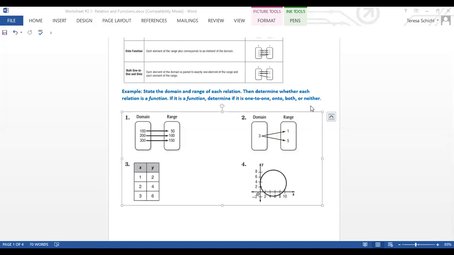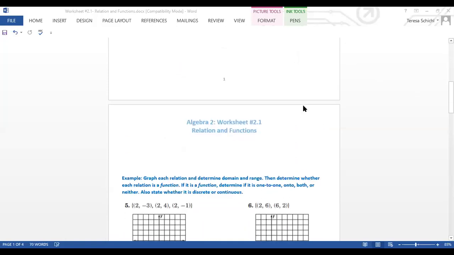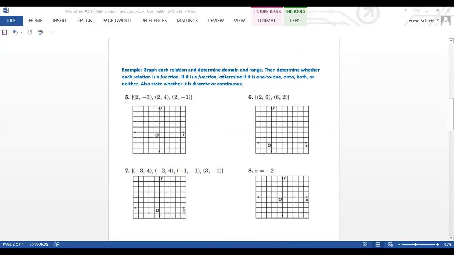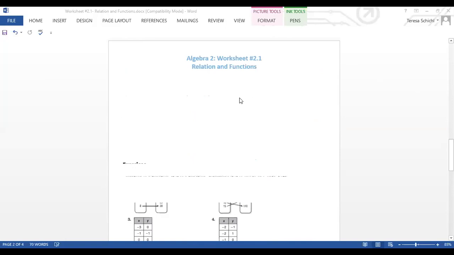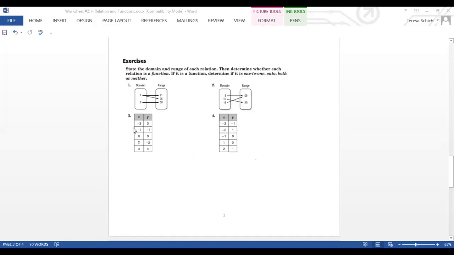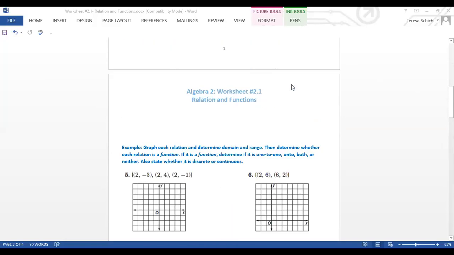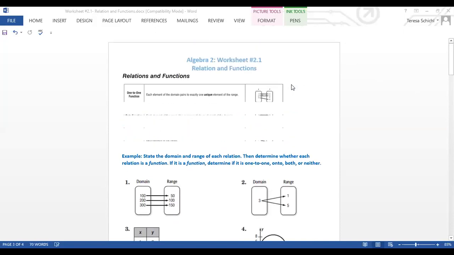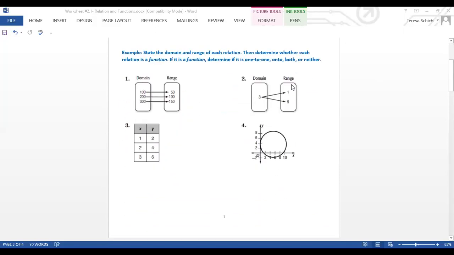Let's take a look at this example. This worksheet is just like all our previous worksheets. I will do the problems in blue, and then you will have exercises to do.